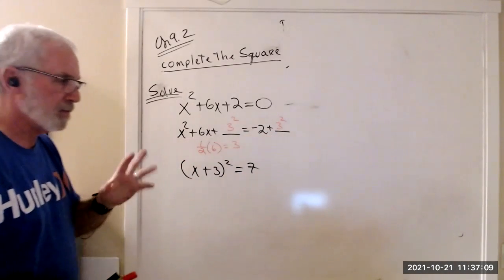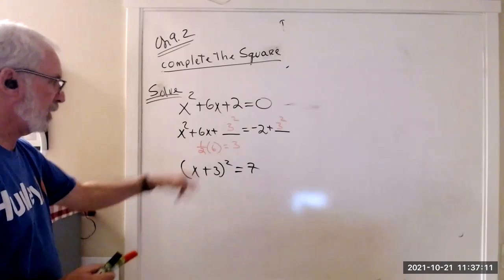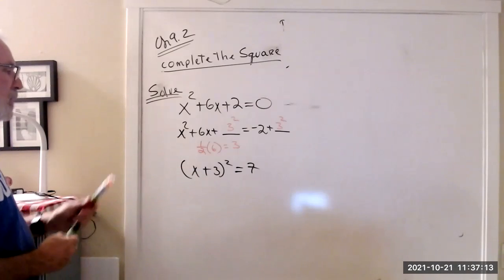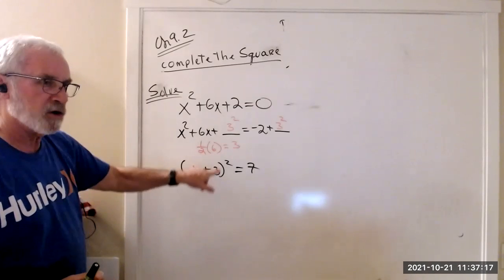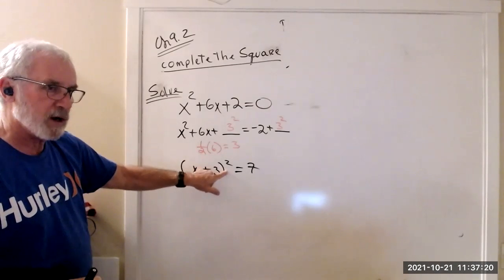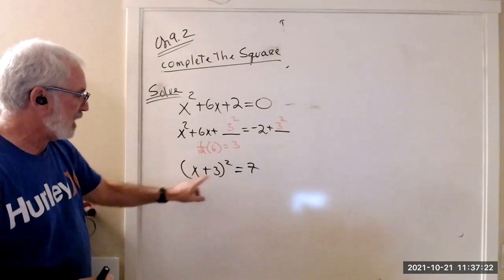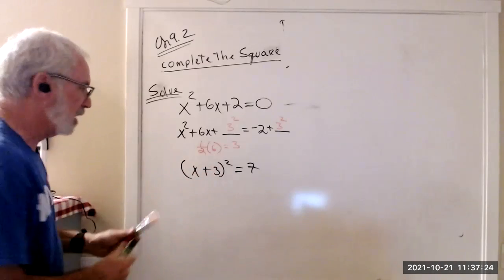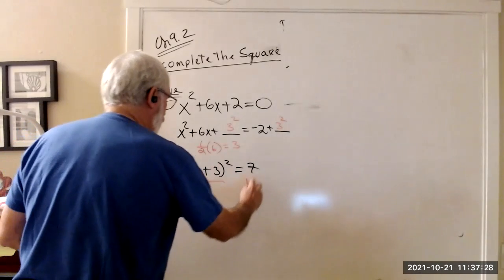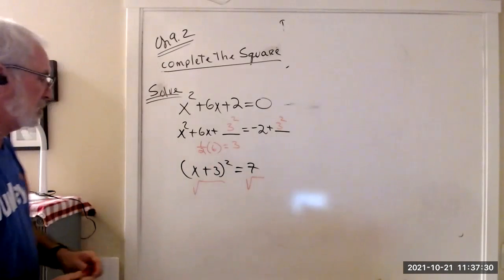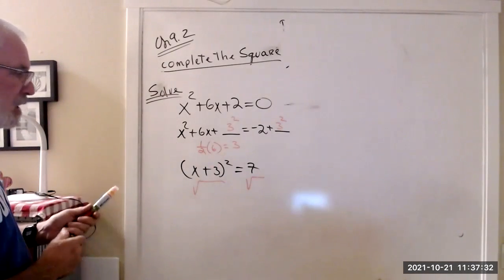I'll do another problem in just a second, because I want to finish this one. Now, if you look at this, all of our x's are inside of a quantity squared. All of the x's are inside this thing. So we're going to now square root both sides. I'm going to do it this way because it makes the problem a little bit neater.